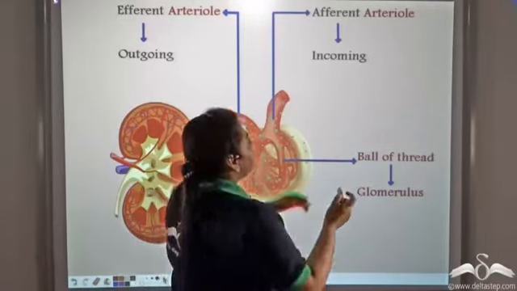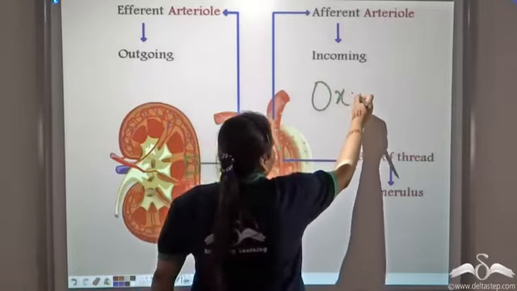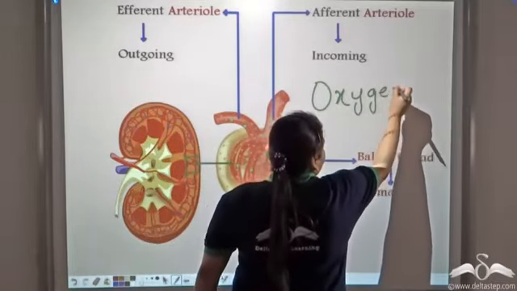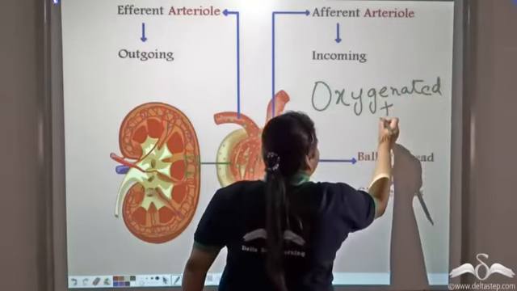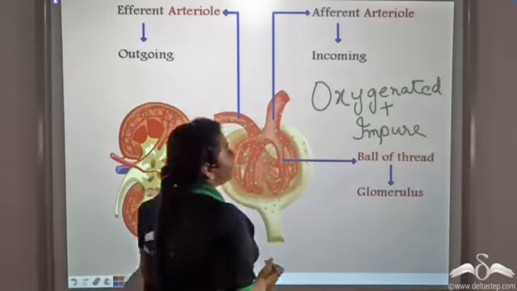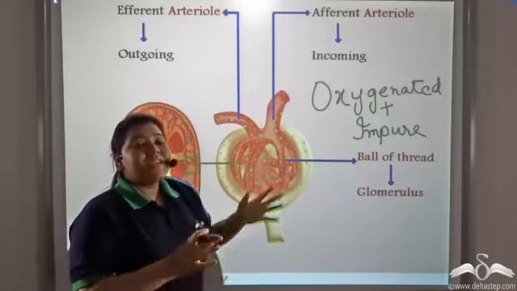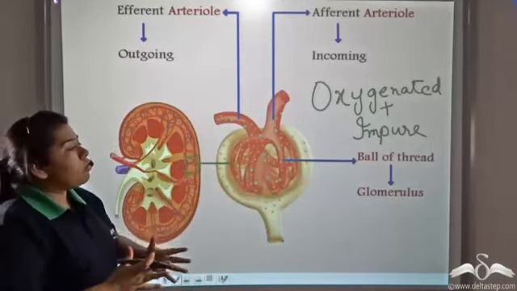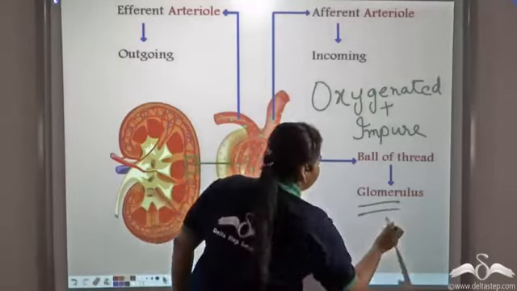Now, this arteriole draws in blood which is oxygenated and impure. Now see, this afferent arteriole divides to form a ball of thread-like mass known as the glomerulus.